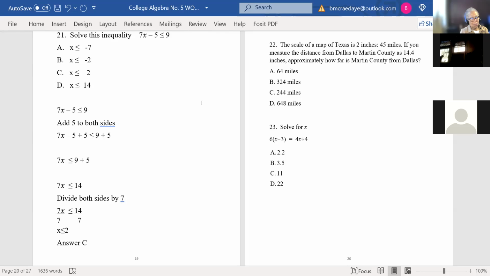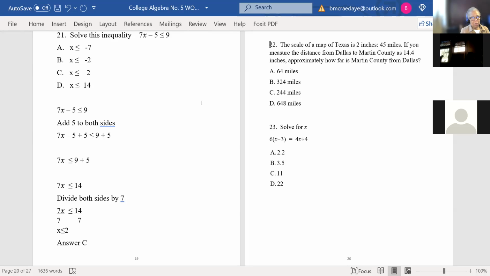And you didn't do that here. You didn't divide by a negative number. It could be a number or a variable, or a combination of a variable and a number. But it only works for multiplication and division, not for adding and subtracting.